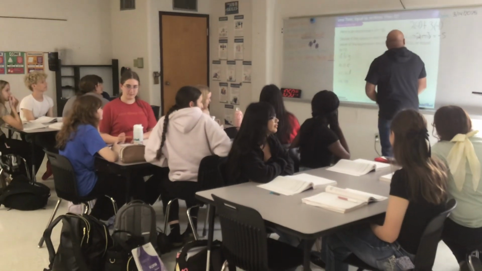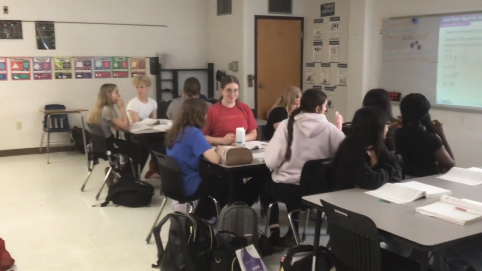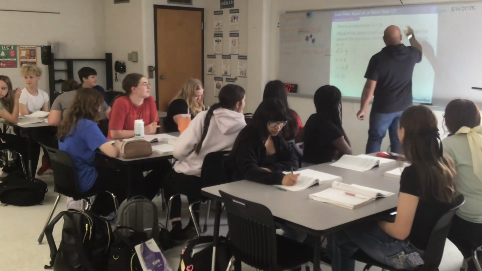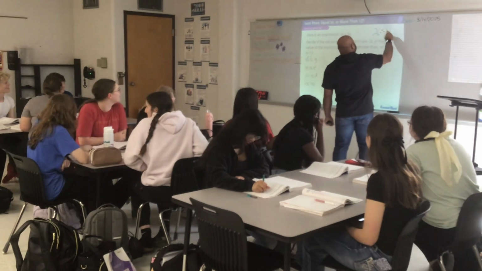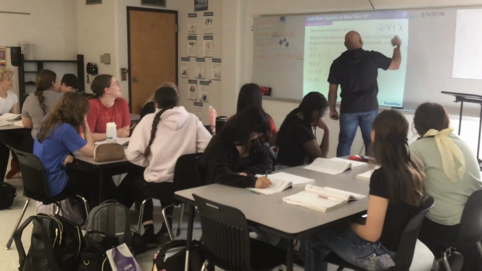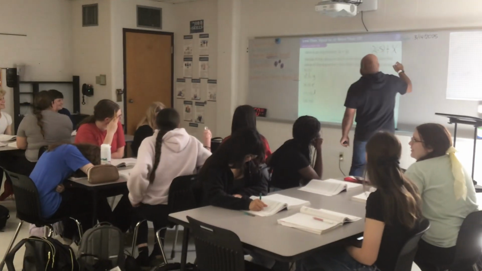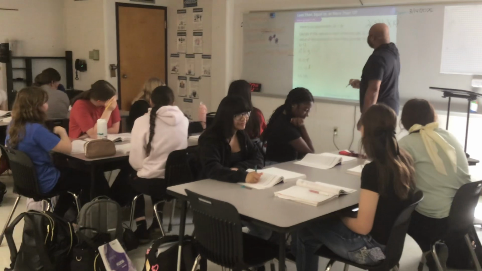All right. So who would like to do the next one? Thomas? What do we have? 2 times negative 5 plus 3 times 10. We can always trust Thomas again.